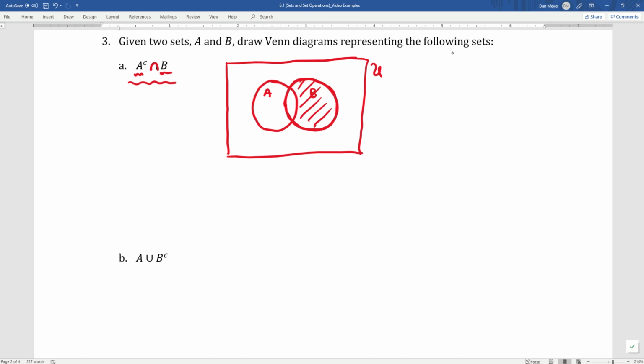So you can kind of see where I was getting at when I was thinking about, if we write it as B but not A, right? The A complement is not A. Union and intersection are commutative. If you remember commutativity in algebra, x plus y is the same as y plus x. You can switch the order of the operation.